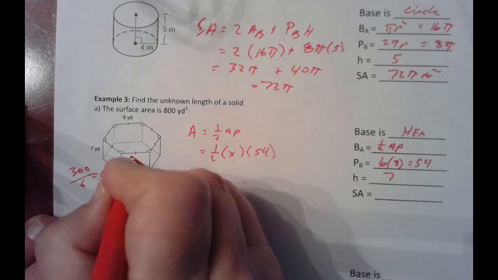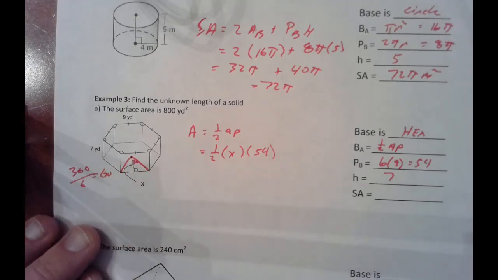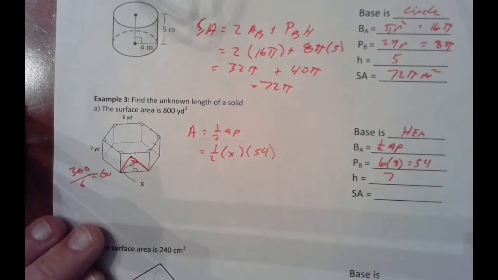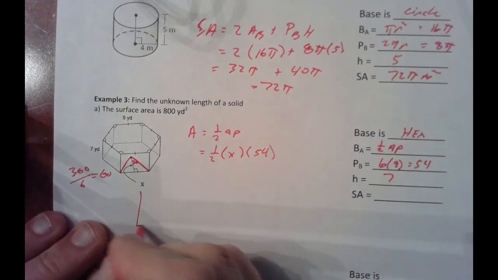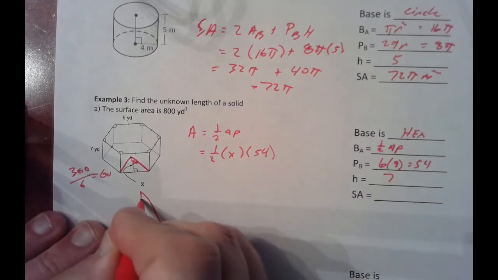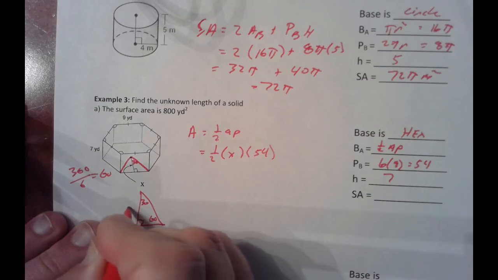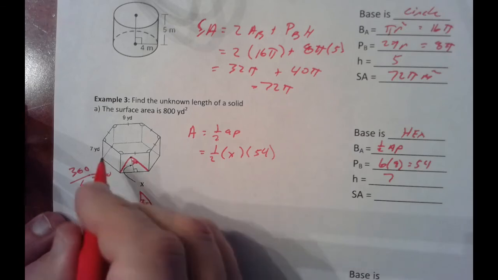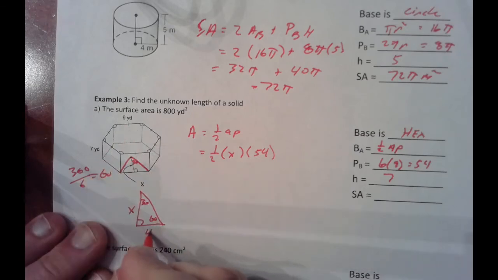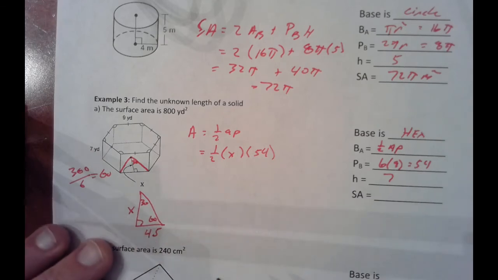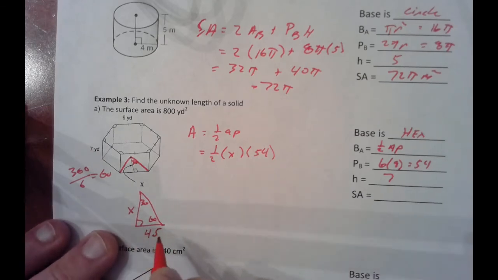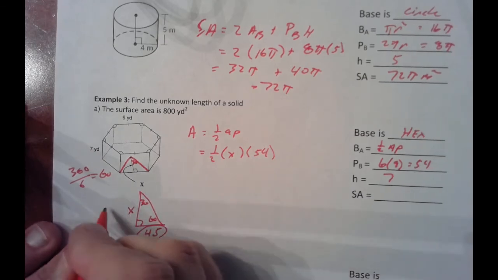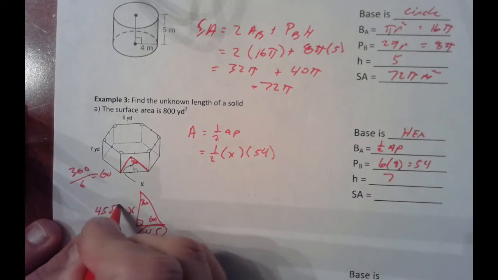So when I cut it in half, that angle is going to be a 30. So for my triangle then I've got a 30 degrees on the top, a 60 down below. I've got an X, and so that means that this is a 4.5 side. So for my 30, 60, 90, right? So if this is a 4.5, that means that this is 4.5 radical 3.